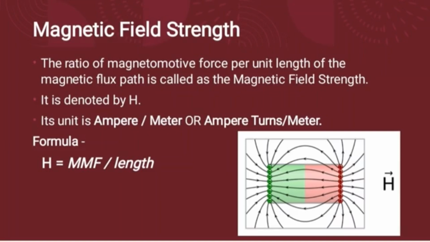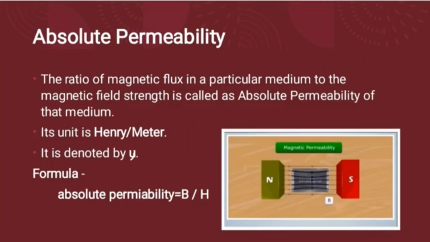Okay. The other concept is absolute permeability. First we know what is meant by permeability. Let's take one example. When we place the bar magnet on the table and place a wooden block on that table, will the wooden block be attracted towards the bar magnet? No, it cannot be attracted, because the wooden block does not allow the flux produced by that bar magnet to flow through it.